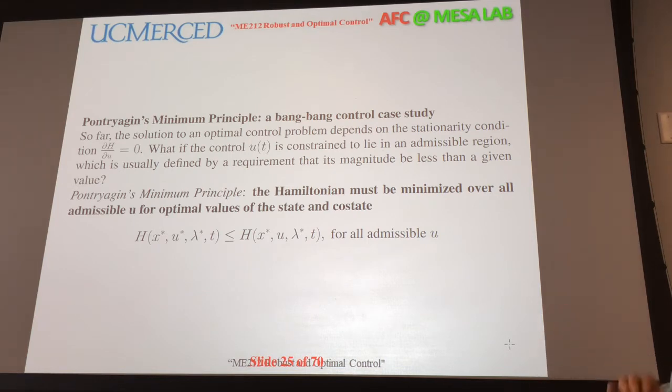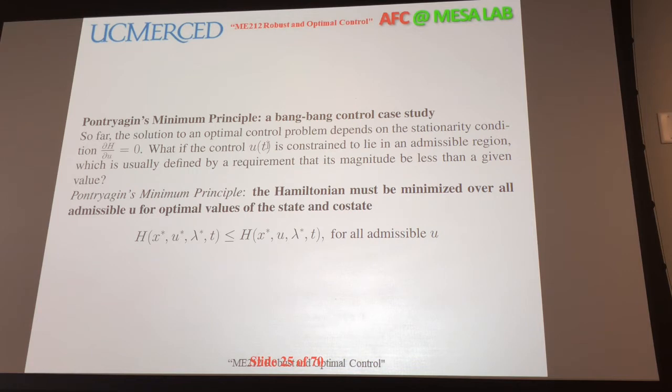Next slide. Pontryagin maximum principle. It's basically saying that the optimal control problem depends on the stationarity condition, partial H, partial U is 0. So it's a necessary condition. Okay? So control U is constrained to lie in the admissible region defined by a requirement that its magnitude be less than a given value, is bounded.